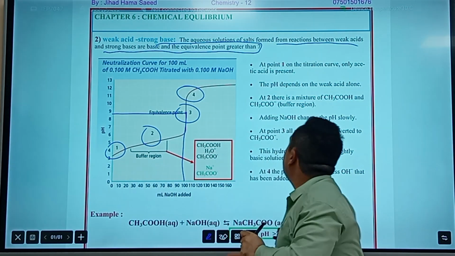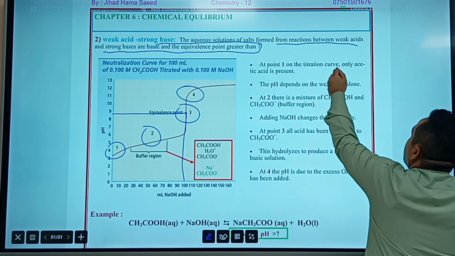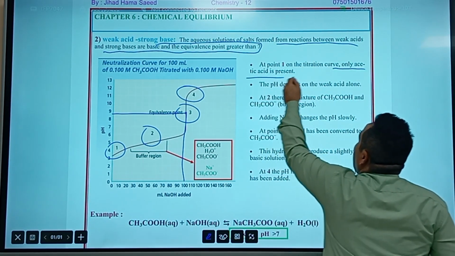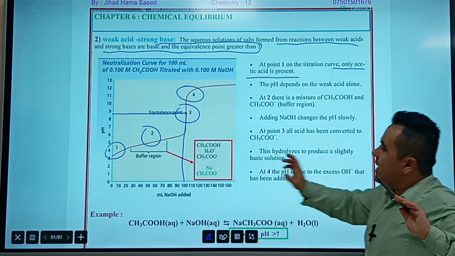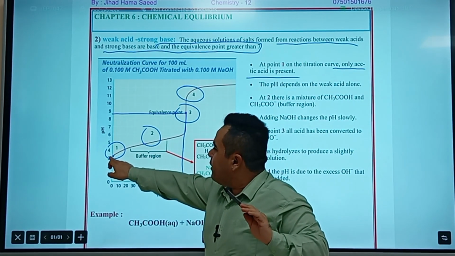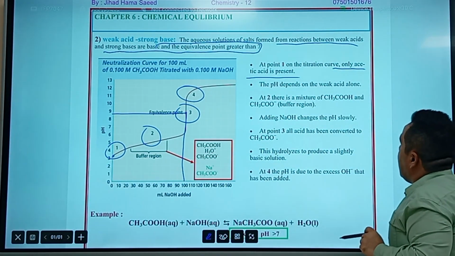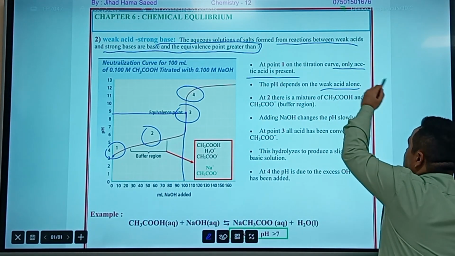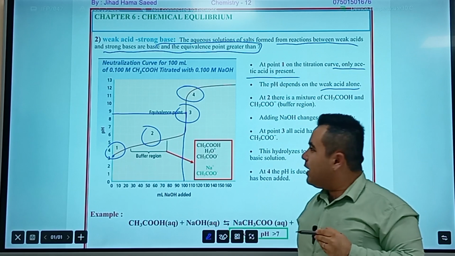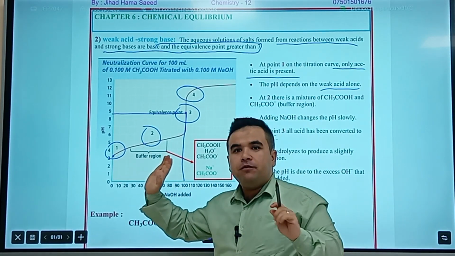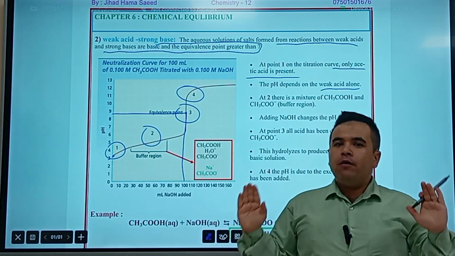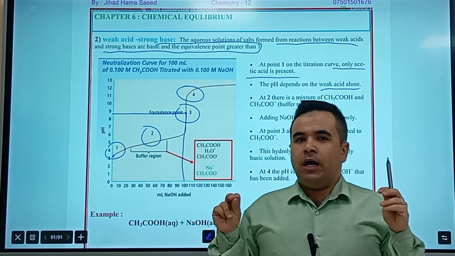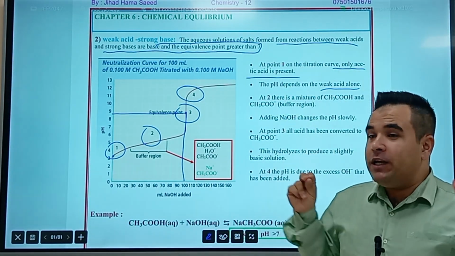So at point one of the titration curve, only acetic acid is present. The pH depends on what? On the weak acid alone. We talked about that. The starting point of the graph depends on the pH of the solution in the flask.